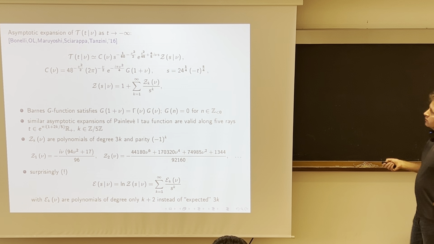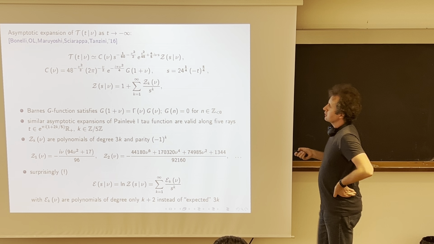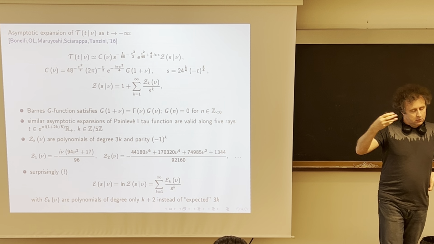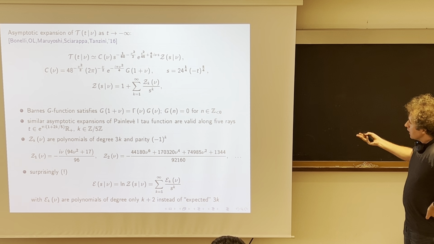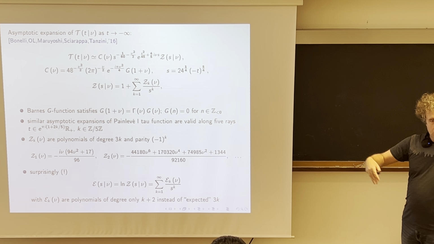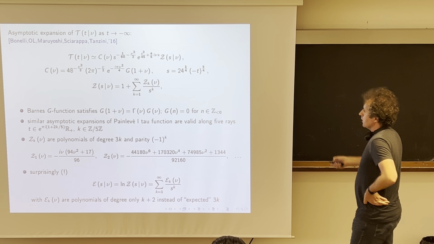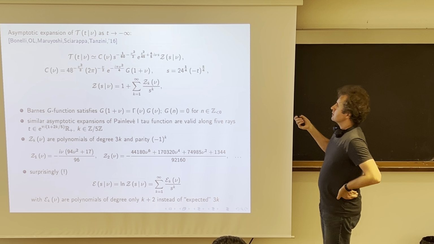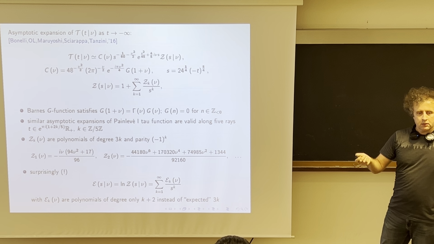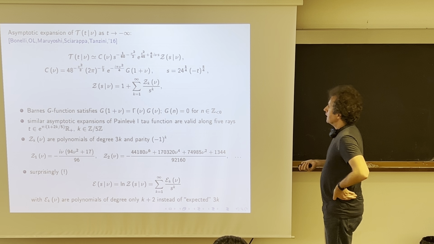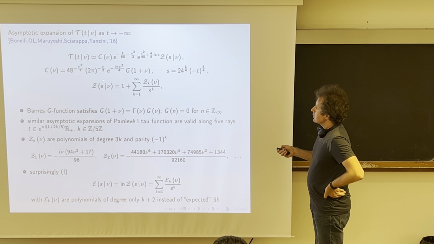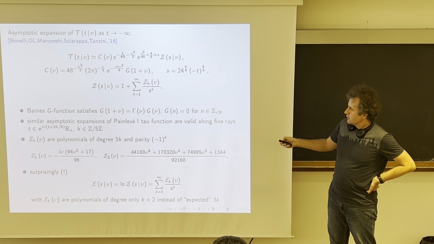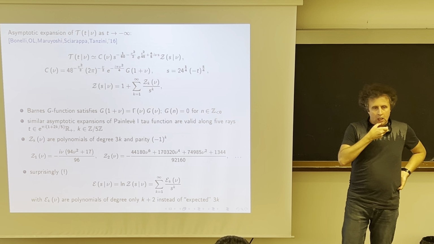Good. And so what we have done back in 2016 was, we had asymptotic results on Painlevé functions obtained in the late 80s, early 90s by people like Kapaev, which give you the leading asymptotic behavior of this function tau.